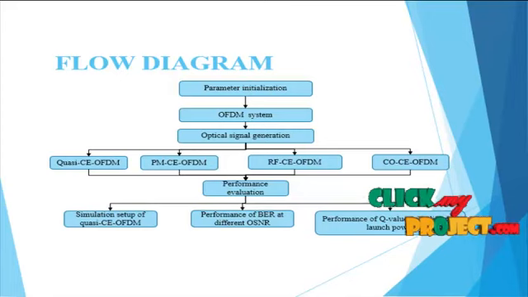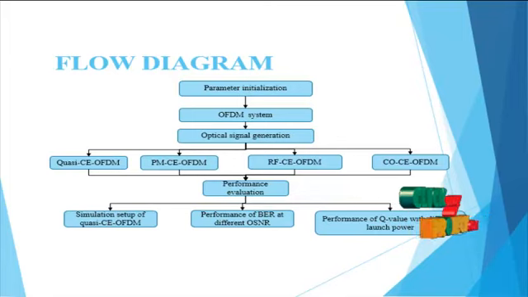The performance evaluation block. In the performance evaluation block, we perform the simulation setup of quasi-CE-OFDM, in which we compare all the OFDM systems with quasi-CE-OFDM, and the result we get is that the quasi-CE-OFDM has high spectrum efficiency and there is no nonlinearity issue. Then the performance of BER at different OSNR. OSNR is nothing but optical signal to noise ratio.